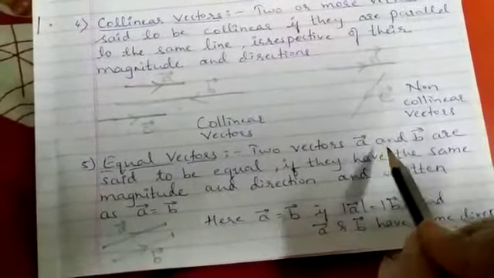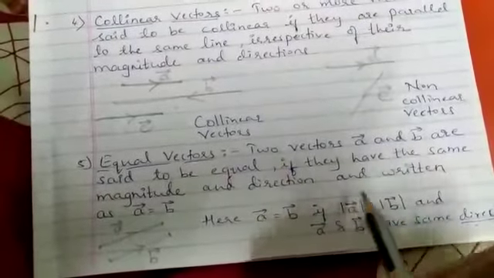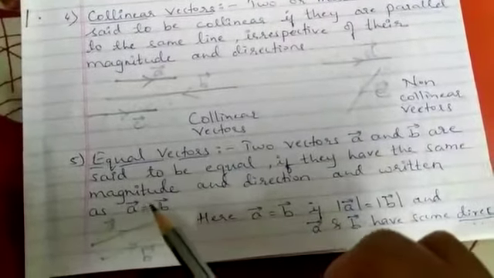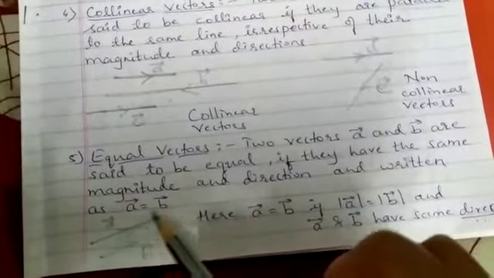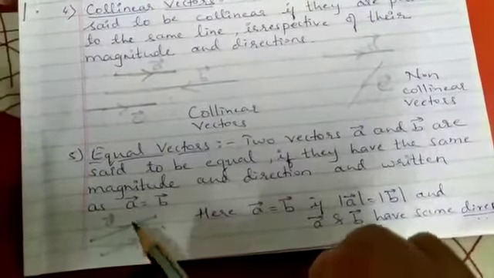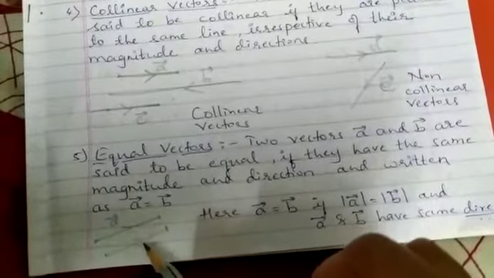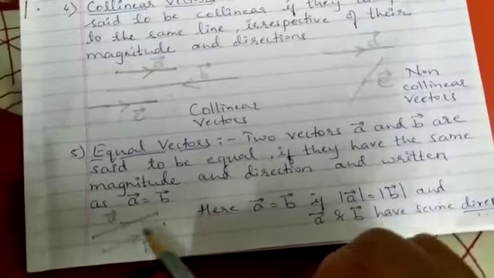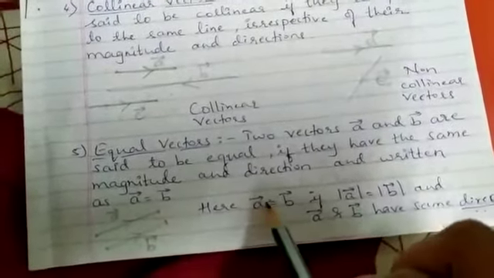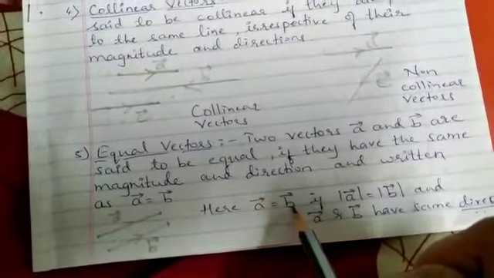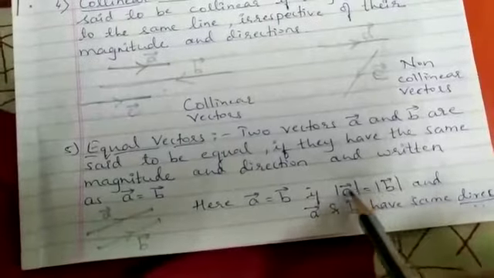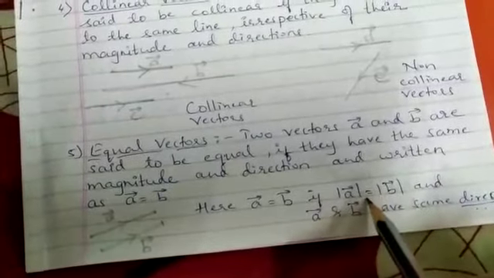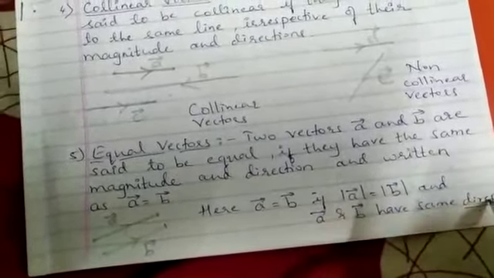Then the two vectors are equal, and it is written with the symbol vector A is equal to vector B. You can make out here that lengthwise they are the same and the direction is also the same. So I can say that here vector A is equal to vector B. The condition should be fulfilled: magnitude-wise they are equal and they should have the same direction. This is the definition of equal vectors.